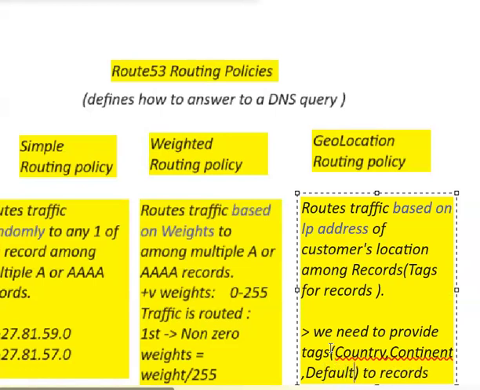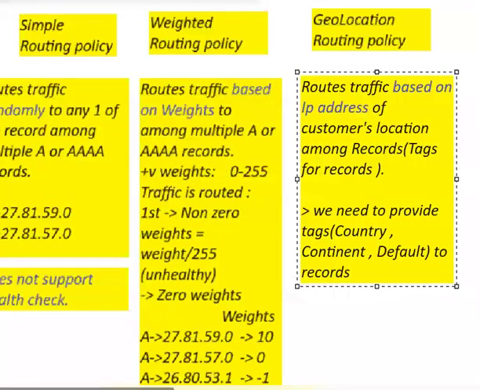Like that, we need to provide tags to our records. So can we say this geolocation routing policy will route or distribute the traffic among countries based on the IP address of the customer? Yes. So this will route or distribute the traffic among IP addresses based on the tags that you provided for the country.